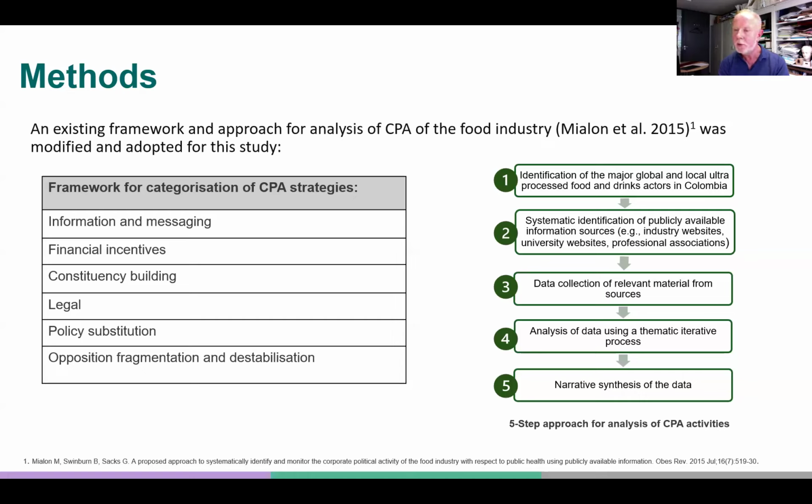Next slide, please. So just to give an illustration, this is a summary table of some of the data collected in this example from Colombia. It shows the different industry actors in terms of the companies, and then examples of the different types of corporate political activities that were identified.